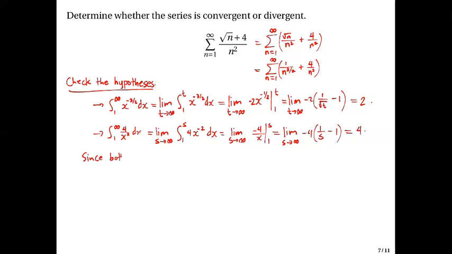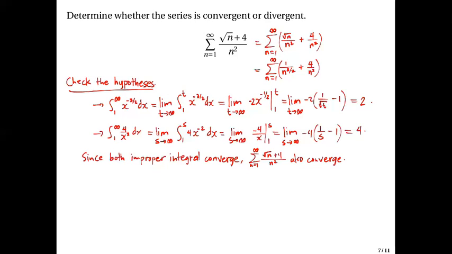Okay? So let's just write that and combine them into a single statement. Since both improper integrals converge, the series also converges: the sum of square root of n plus 4 divided by n squared, from 1 up to plus infinity, also converges.